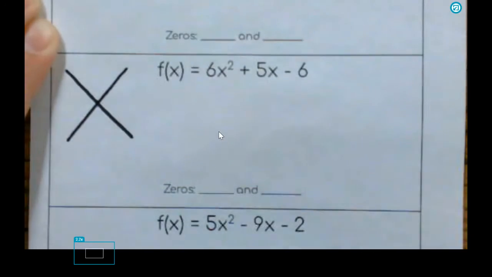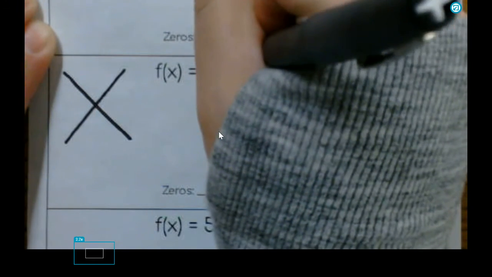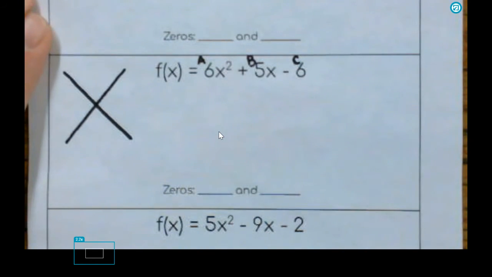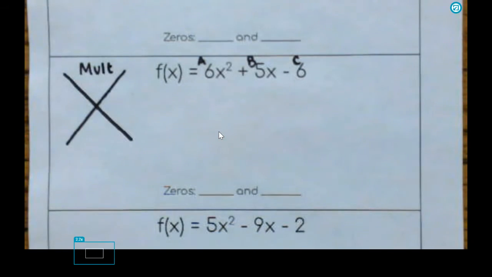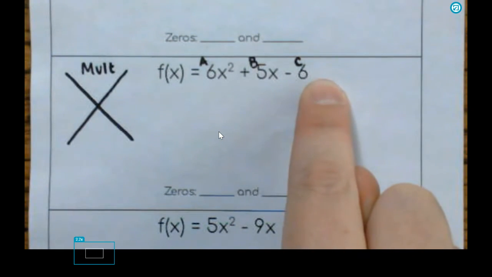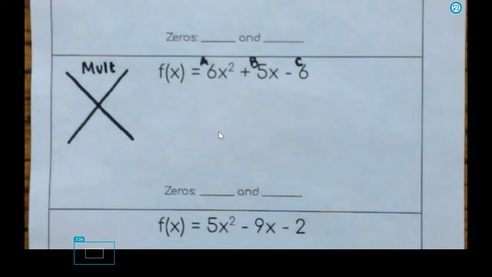All right, so make your big X. This is my A. This is my B. This is my C. I need to multiply together to be AC. So in this problem, A times C is 6 times negative 6. 6 times negative 6 is negative 36.